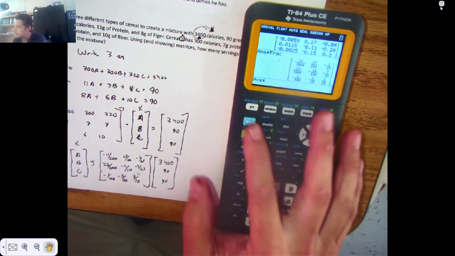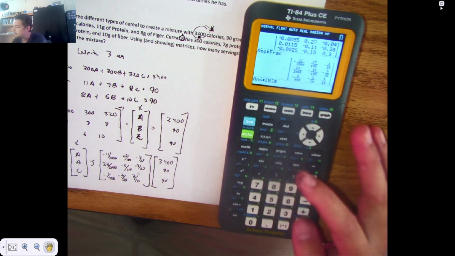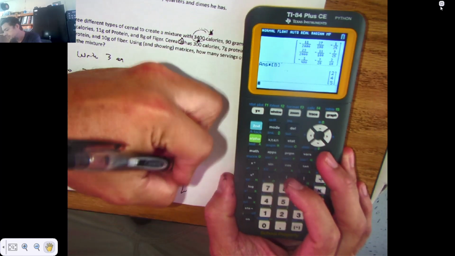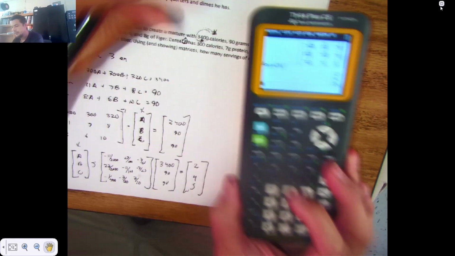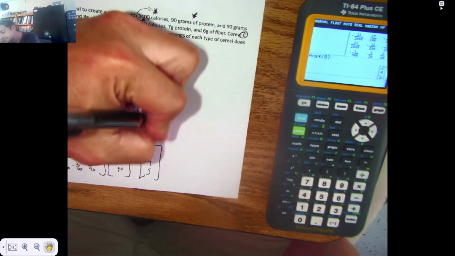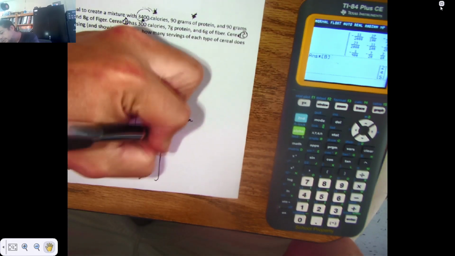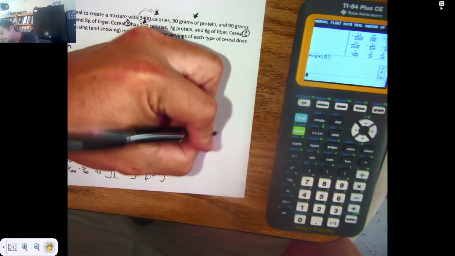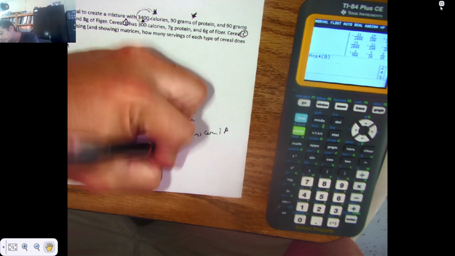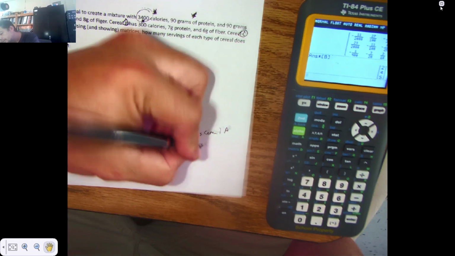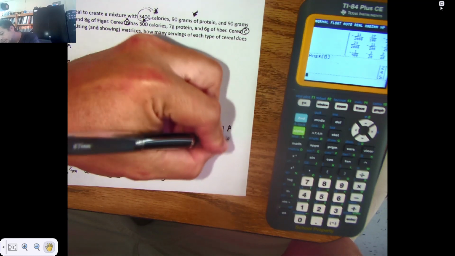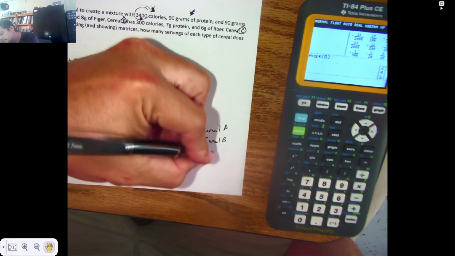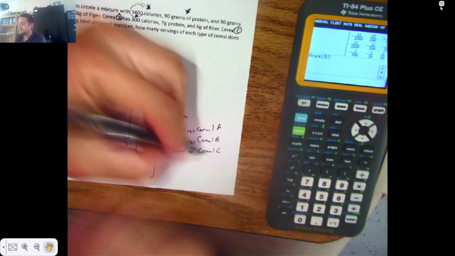So times matrix B. 2, 4, 5. So my mixture is 2 servings of cereal A, 4 servings of cereal B, and then 5 servings of cereal C.